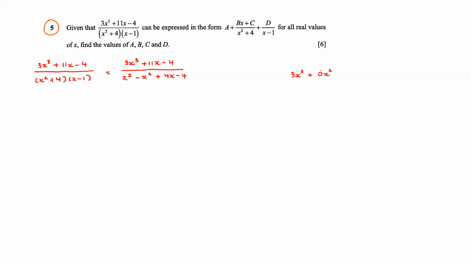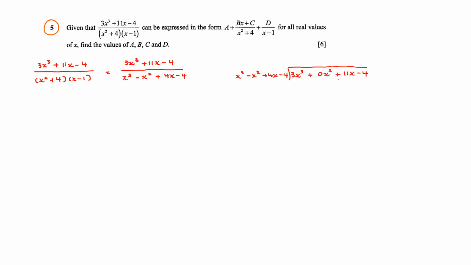You realize x squared term is not included in the numerator, so I have to put the x squared term in, plus 11x minus 4. So you divide by, in this case, the divisor, x cubed minus x squared plus 4x minus 4.